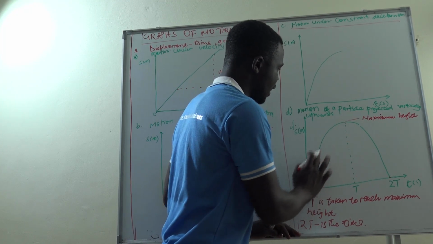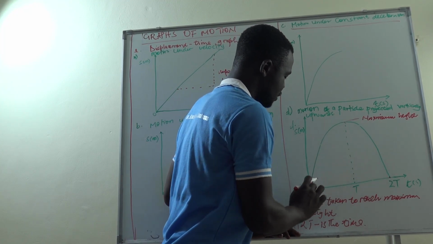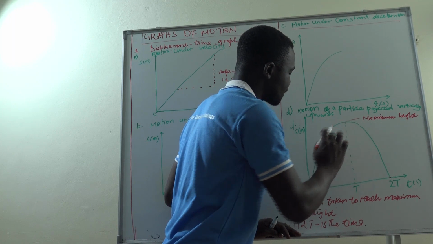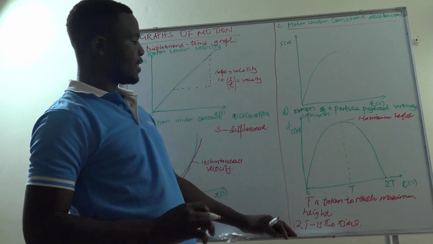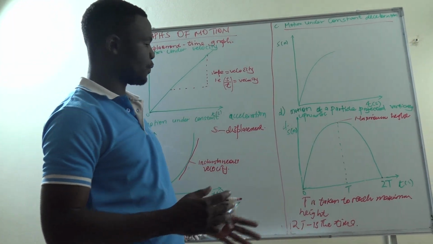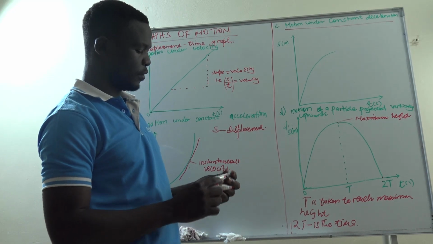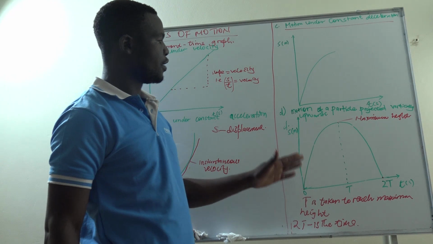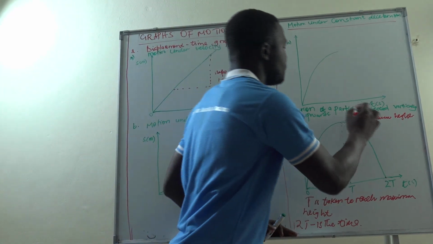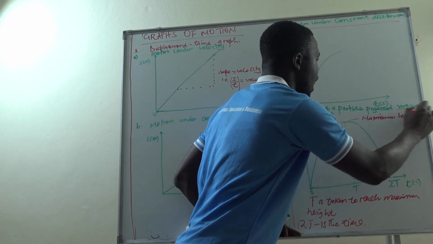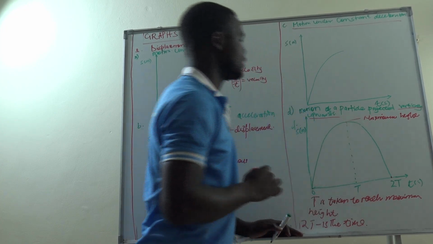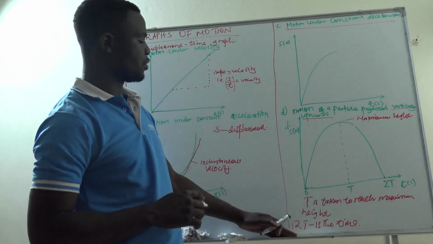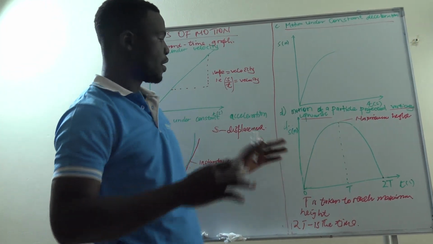The whole journey takes twice the time taken to reach maximum height. And what else can we conclude from this? We can conclude that the path described by a particle that is projected upwards is symmetric.